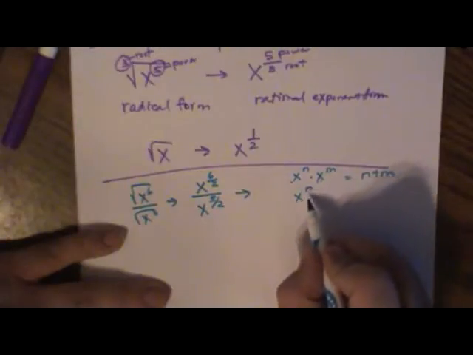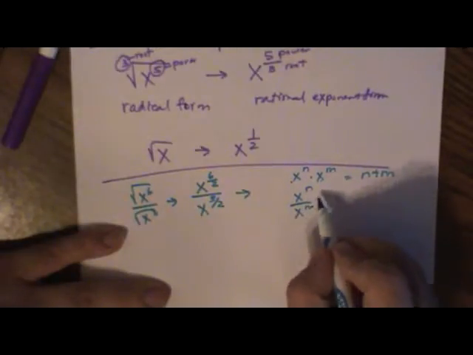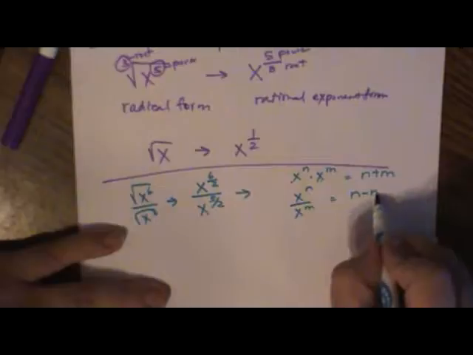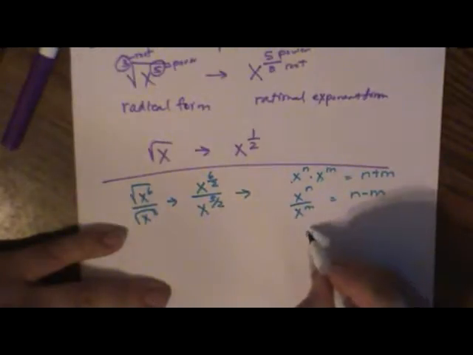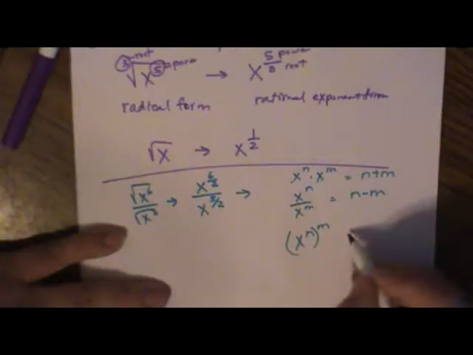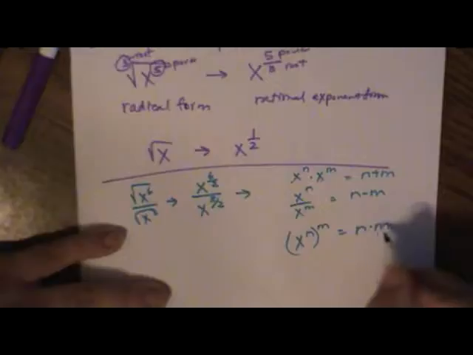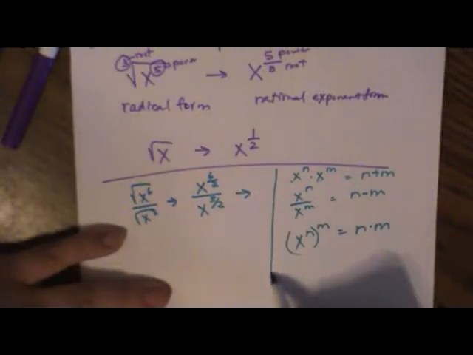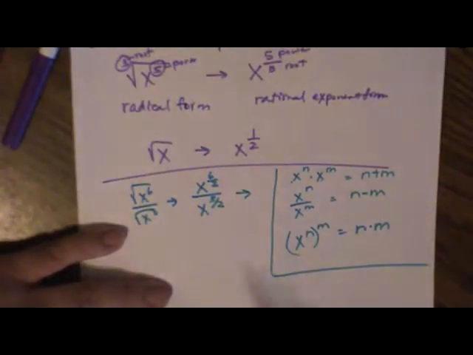If you have the same base and they're dividing, you subtract the exponents. If you have a base raised to another power, you multiply the exponents. That's a little review of what you might need to simplify these rational exponents.